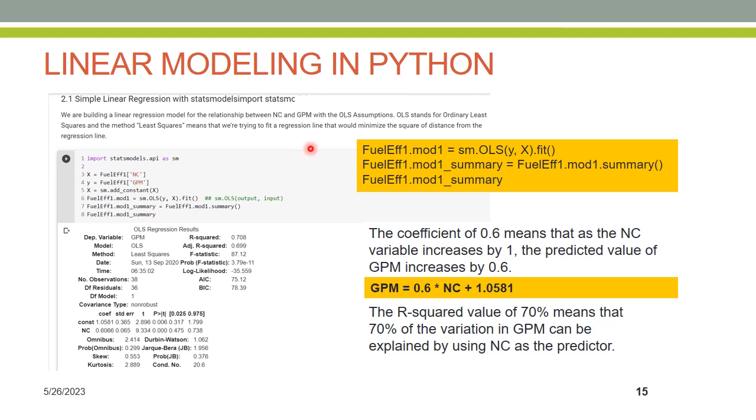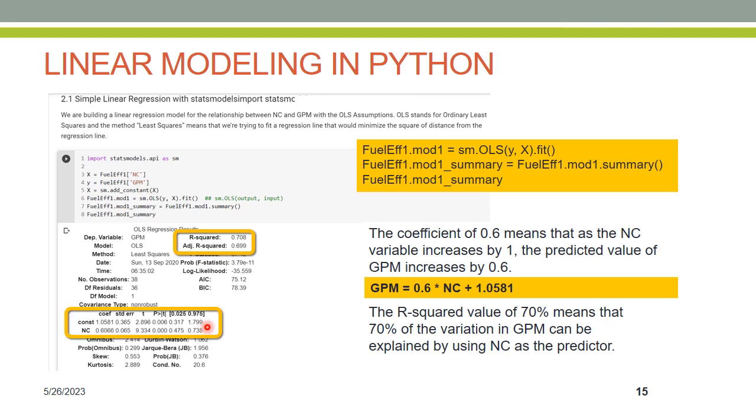Then we build our model with the OLS, the ordinary least squares model for Y and X, and we're going to fit this model, which means we're going to build this model, and then we're going to pull out the summary. In the summary here, we can learn a whole lot of things. The first thing we're seeing is that our R-squared value is about 70%. That means that 70% of the variation in GPM can be explained by using NC, that is number of cylinders, as the predictor.